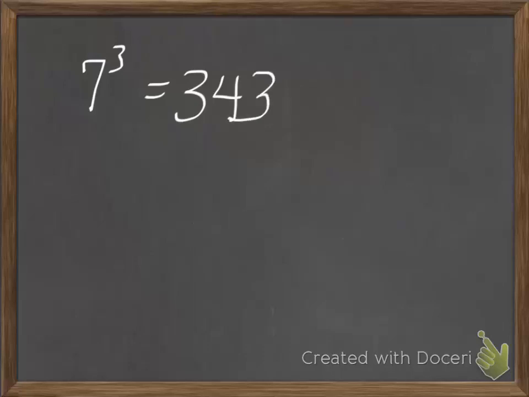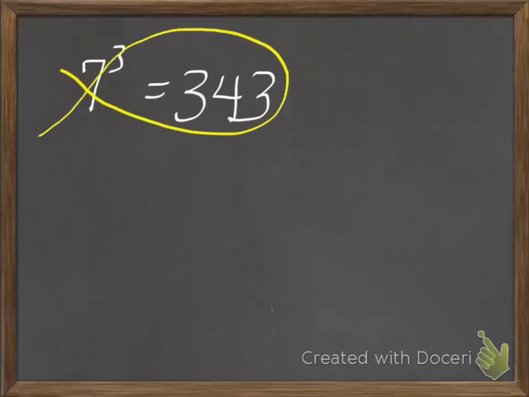If I give you 7 cubed equals 343, should have written that one down, I think that's right. Okay, so we're going to use the same thing. The base of your exponent, what it's taken of, and the answer.